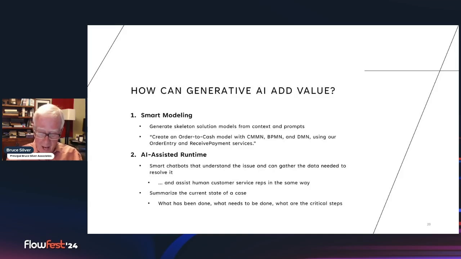There are very many tasks to be performed in various parts of the case. Which ones have been done? Which are required but not yet done? Which are the critical ones affecting completion of the case? While you can query the runtime for these things, it might be simpler to ask AI to summarize the current state of the case. And in your prompt, you can specify particular items of interest. It's easier and faster that way.